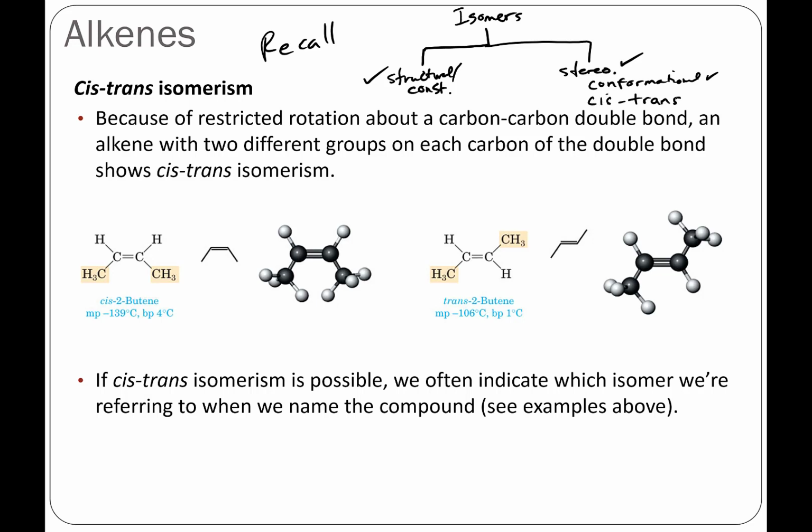If you go back and look at the definition, it was something like this: the cis-trans isomers differ from one another because of restricted rotation in a ring system or around the carbons of a double bond. The ring system, we've seen before.